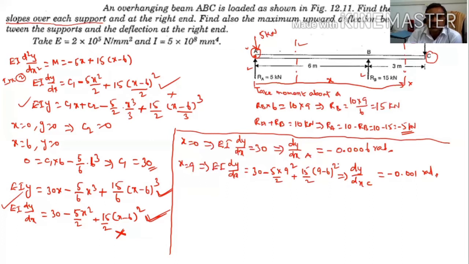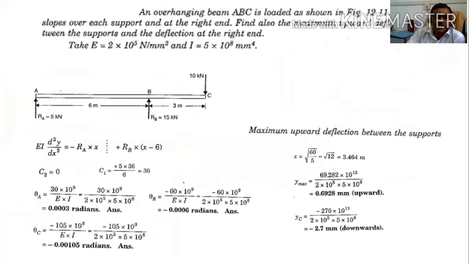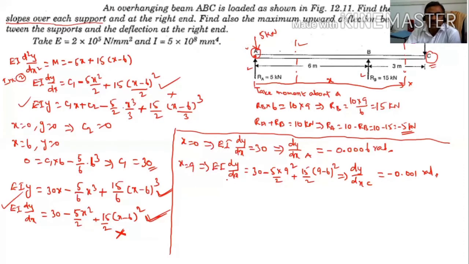So now let us calculate the deflection. Our interest is next to find the deflection at the right end. If you want to calculate deflection at the right end, then you substitute x is equal to 9 in this deflection equation.